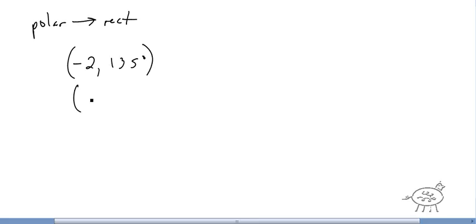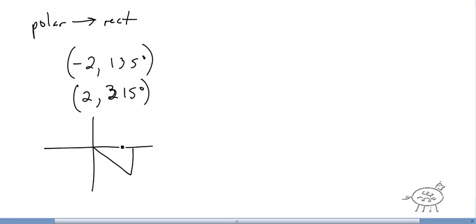I would say that's equal to 2, and then I'd add 180 to that, and you get 315 degrees. That's your polar coordinate. Then you can make a quick sketch here. You know your reference angle is 45 degrees, like the last problem, and your r is 2.